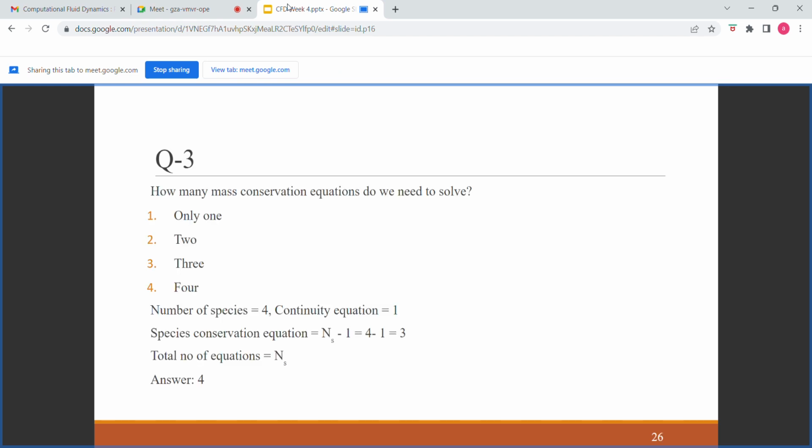The number of unknowns, if we list them: 3 velocities in 3 different directions, u, v, and w. We would have one pressure term and one temperature term from the momentum conservation equation and the energy conservation equation. And in the species conservation equations, we would have the mass fraction terms, present for each of the species.